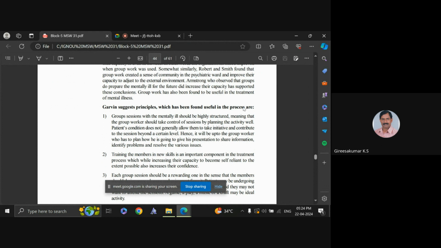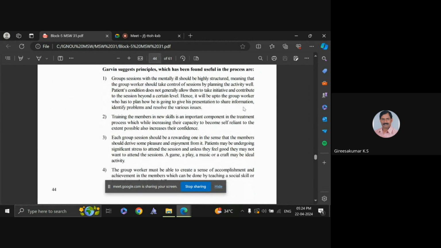Darwin suggests principles for group sessions with mentally challenged persons. That is one: the training, and each group shares rewarding ones. They should be rewarded. Otherwise, whenever there is no reward, it will be one sided.